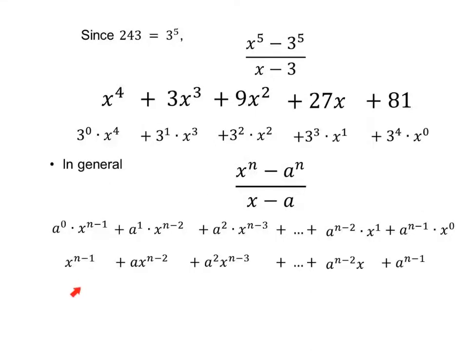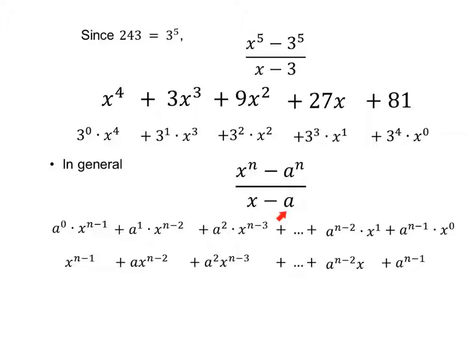As with anything in algebra, if you do a particular case where we know the numbers, we can replace this number with a variable. Say I want to know what happens for any value, not just 3. So we replace 3 with A. A is for any value.